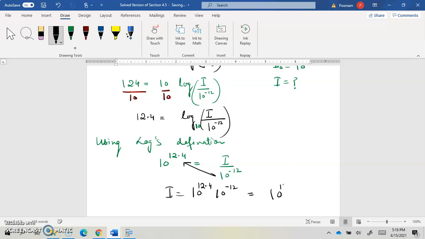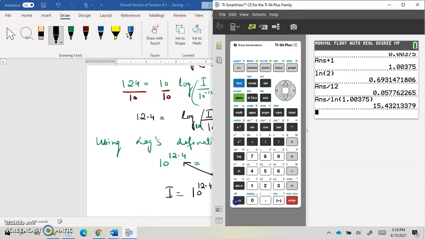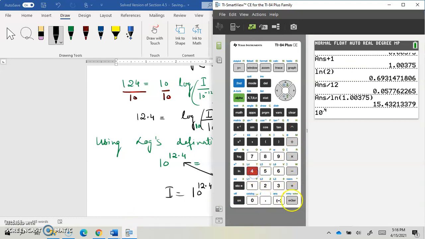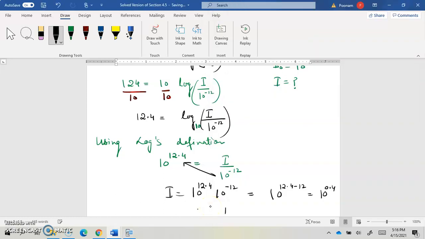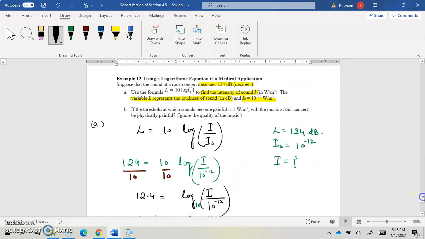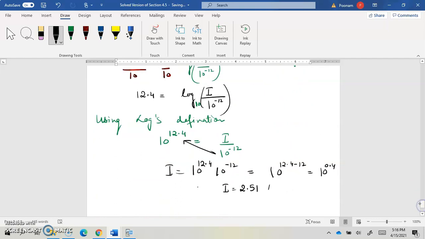That would be 10 raised to power 12.4 minus 12, 10 raised to power 0.4. We can use a calculator: 2.51. So intensity is approximately 2.51, and the unit is W per meter squared.